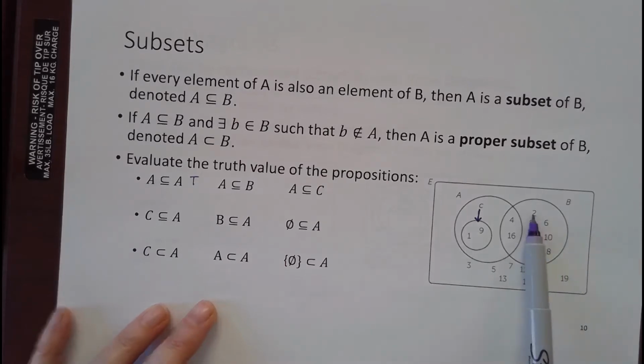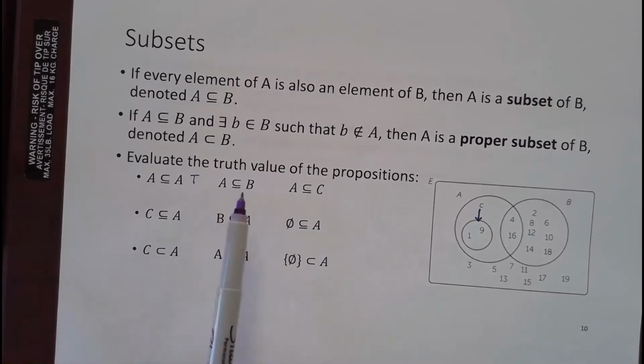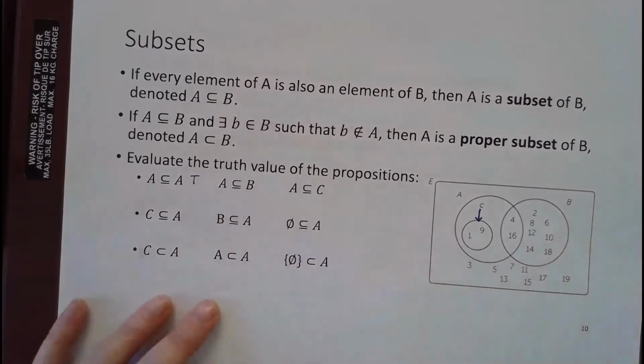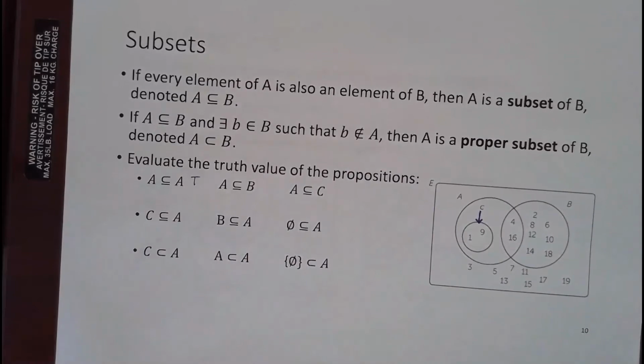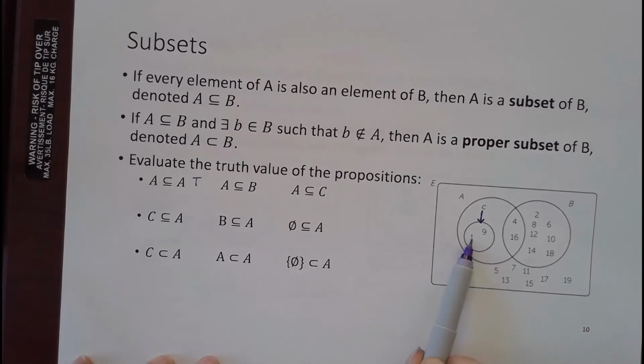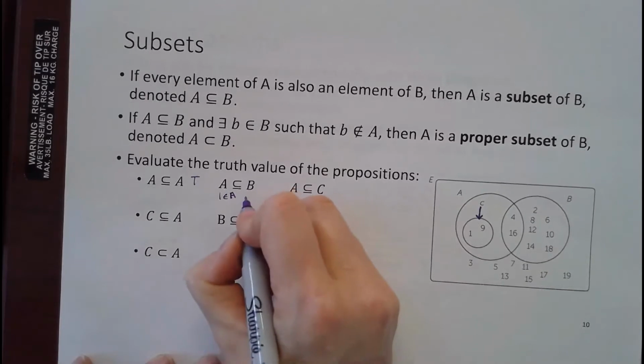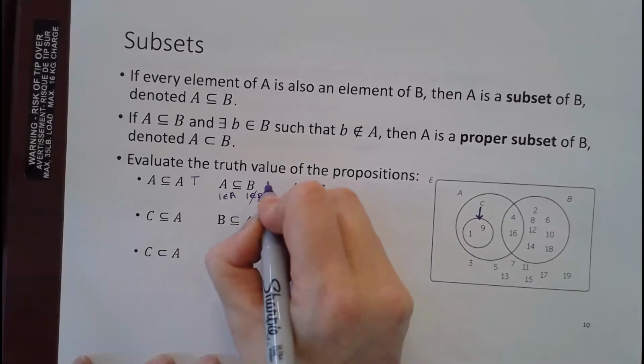Think about it like this: if it's in A, then it's in B. A false conclusion would be that it's not in B. So can I find something that is in A, but not in B? 1. Yes. So A is not a subset of B because 1 is in A, but 1 is not in B. So this one is false.